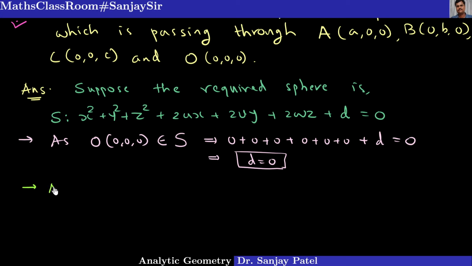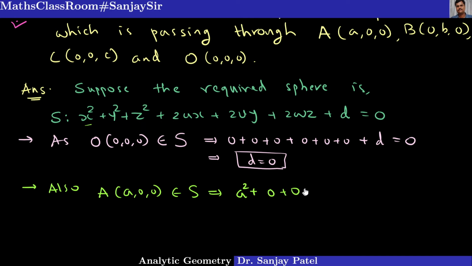Also, the point (a, 0, 0) belongs to the sphere S. Okay, so this implies I can put x equal to a, y equal to 0 and z equal to 0. So we'll get a square plus 0 plus 0 from this equation, x equal to a, y equal to 0, z equal to 0.